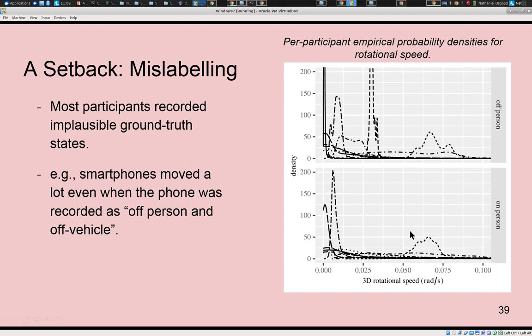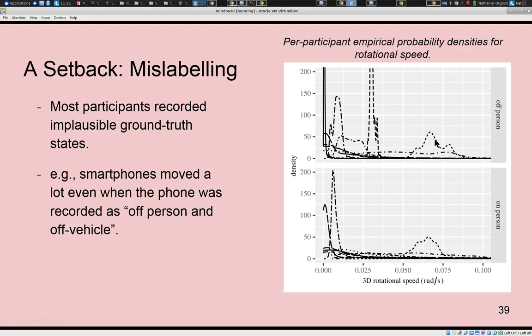An example is this. So this is, for example, off-person data for different individuals here. And you can see some individuals, this is an axis which basically goes along with energy. So as you go to the right here, it indicates there's more rotation going on of the phone and so on.